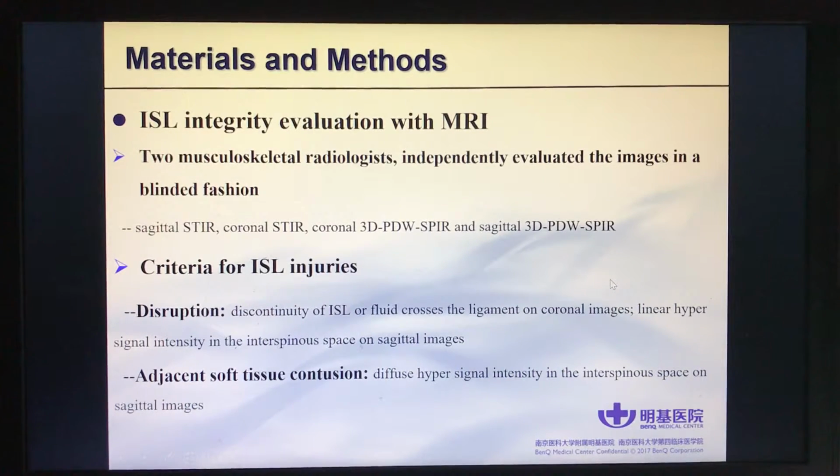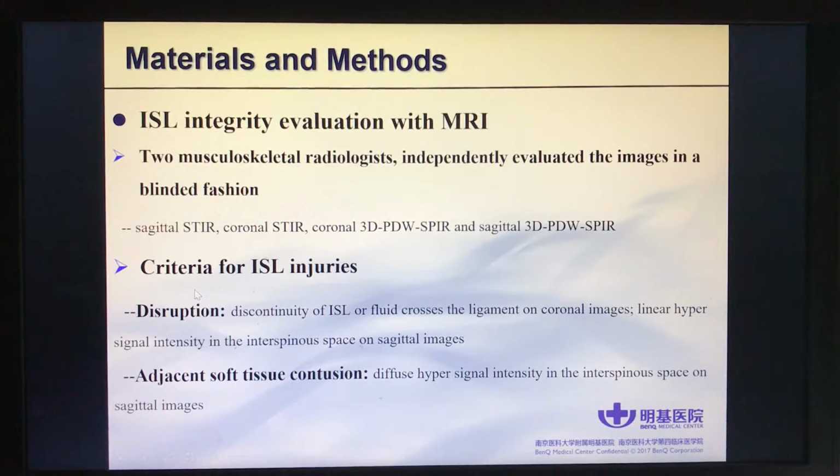Two musculoskeletal radiologists independently assessed the images in a blinded fashion to determine tear of ISL on sagittal STIR, coronal STIR, coronal 3D PD SPACE, and sagittal 3D PD SPACE images separately. The image interpretations were compared with the findings in anatomic dissection to determine diagnostic accuracy.